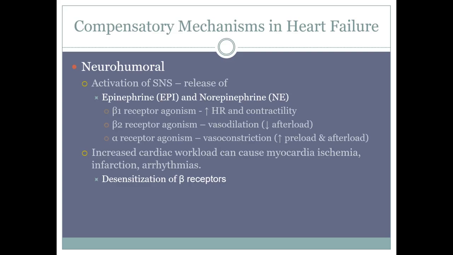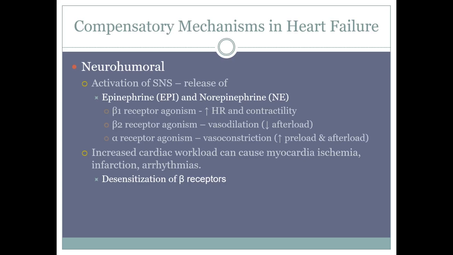This is beneficial, but at the expense of increased oxygen demand. Keep that in mind. These are good things, but they cause the heart to work harder and require more oxygen in order to function that way.